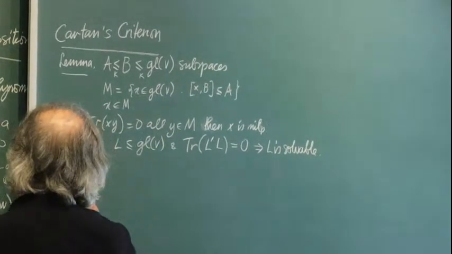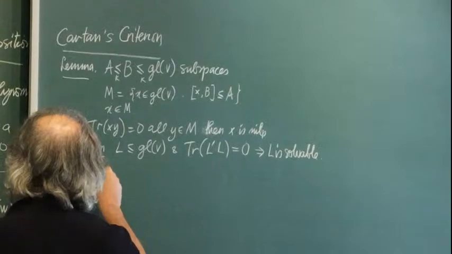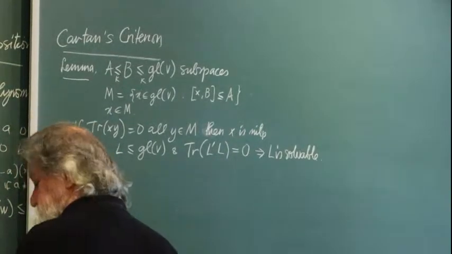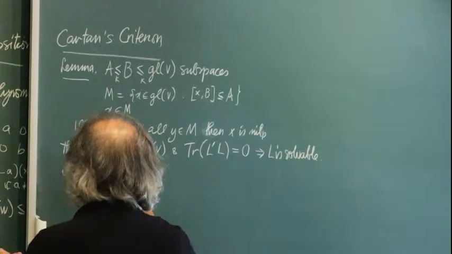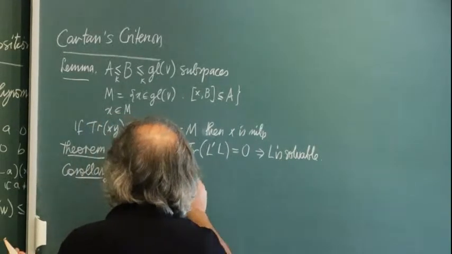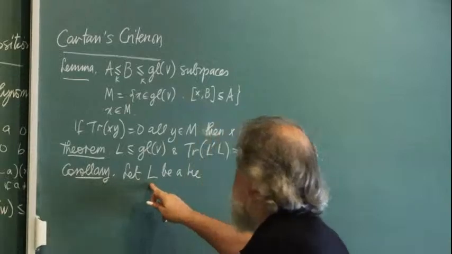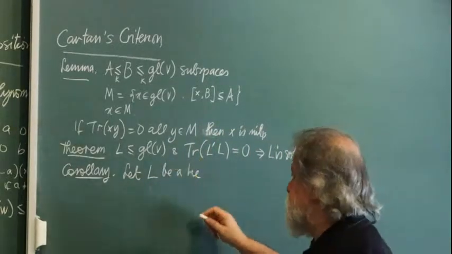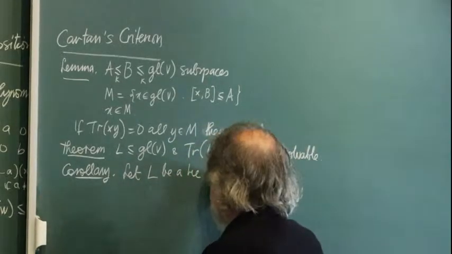Corollary. Let L be a Lie algebra. This is the nonlinear version of this.